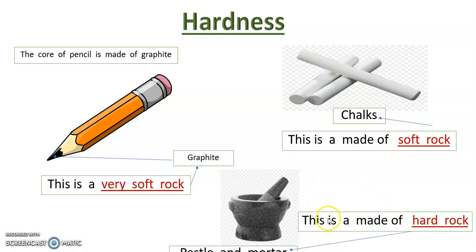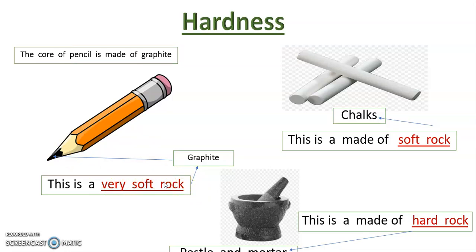Number 3, the pestle and mortar is made of hard rock.